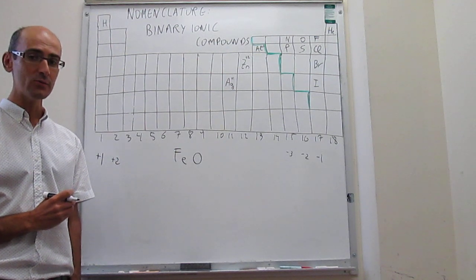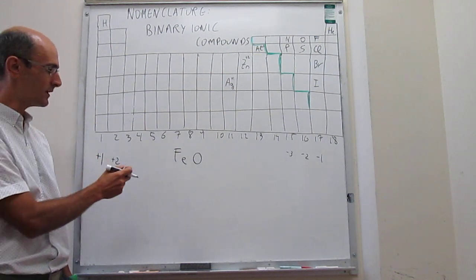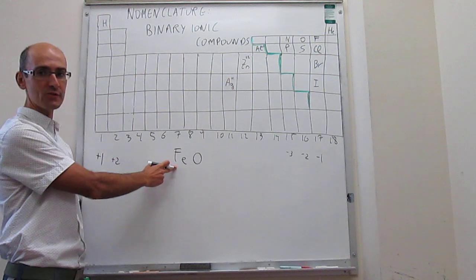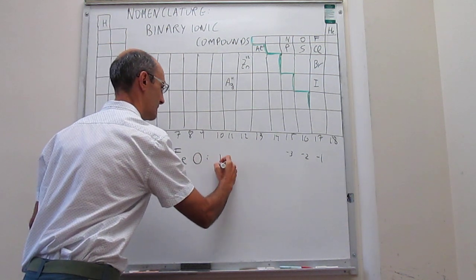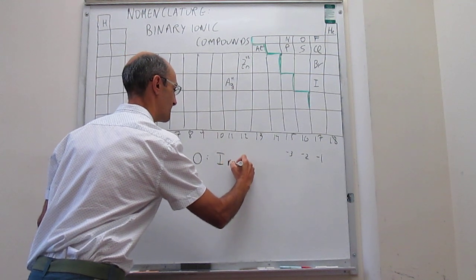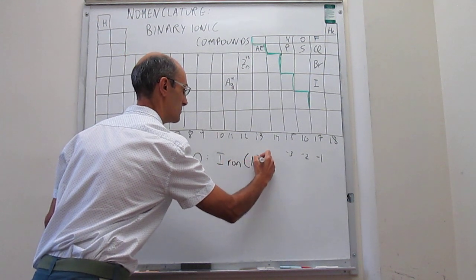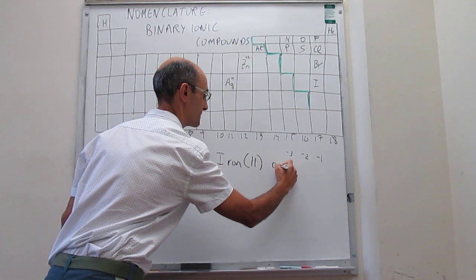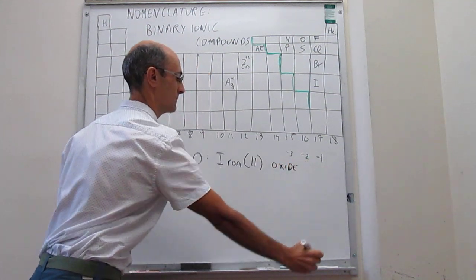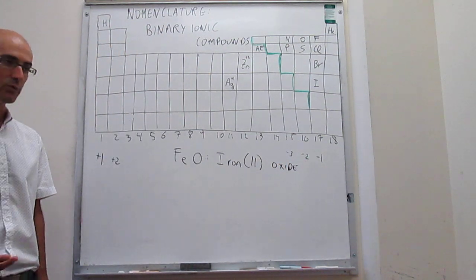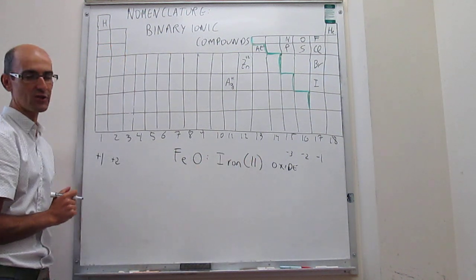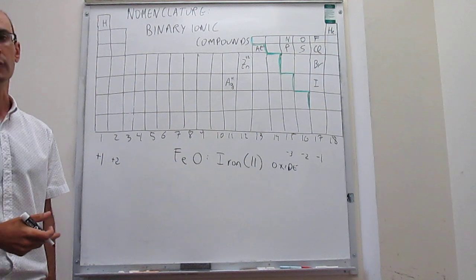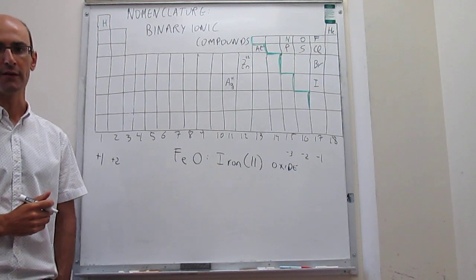So the way to name this compound will be iron, parentheses, Roman numeral 2, oxide. Let me write that. This compound is iron(II) oxide. The only distinction with what we have seen with main group elements is that we would not specify the charge between parentheses with Roman numerals for that other class that we have already seen.